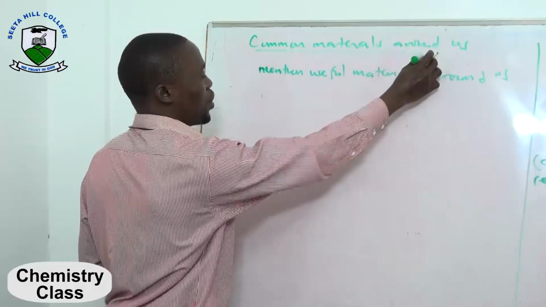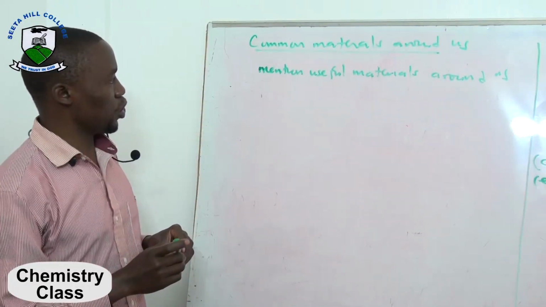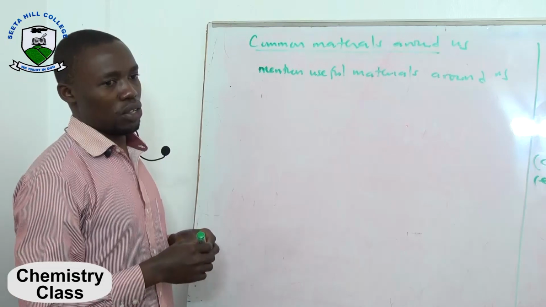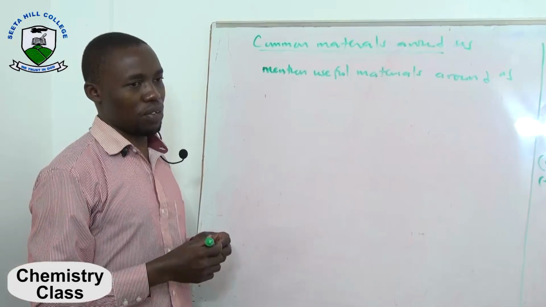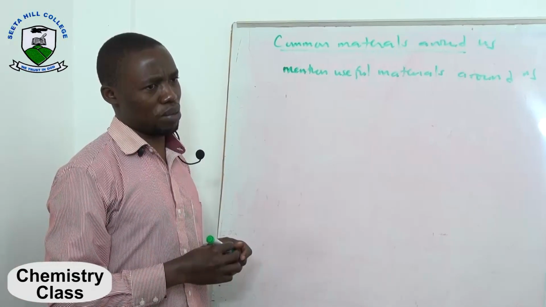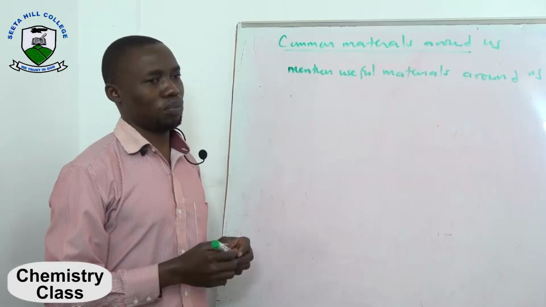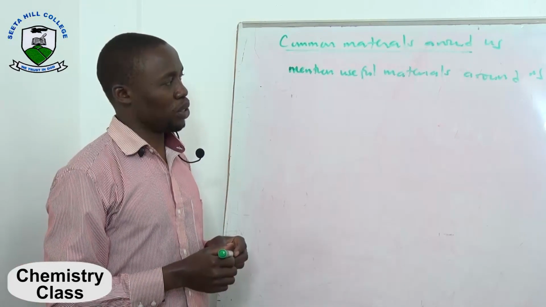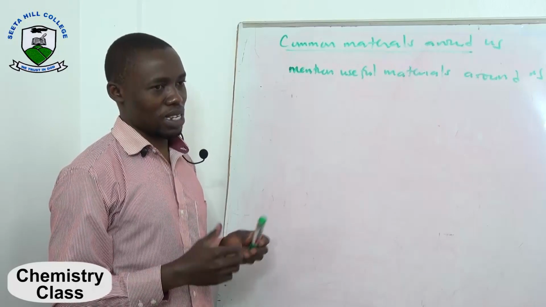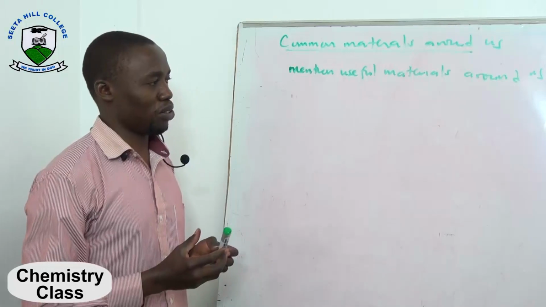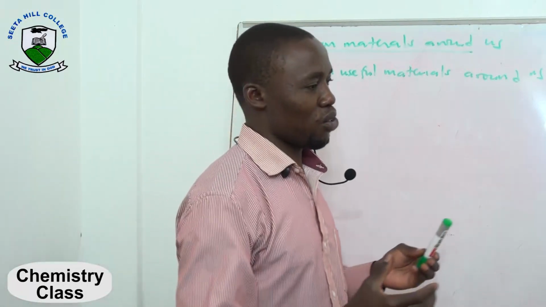Now I'll request you to mention useful materials around us, probably 7 of them. In your groups, discuss some useful materials that you have around you.